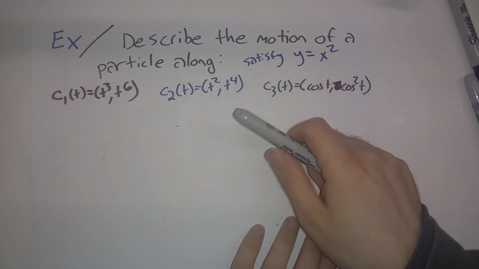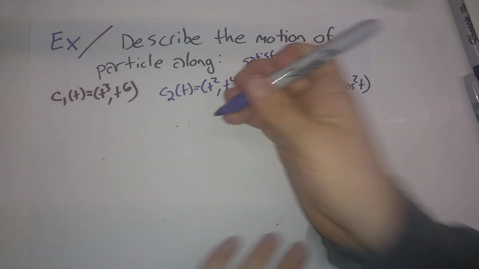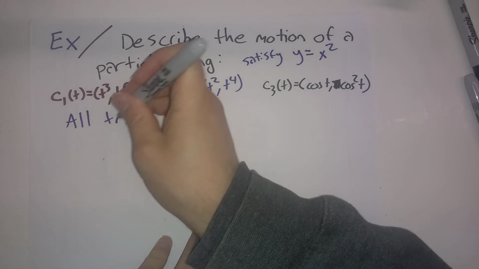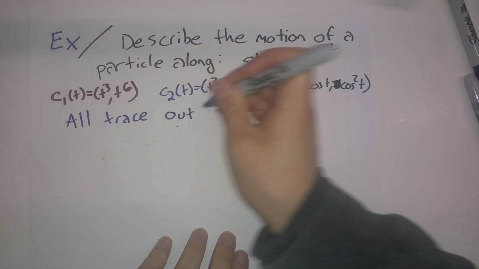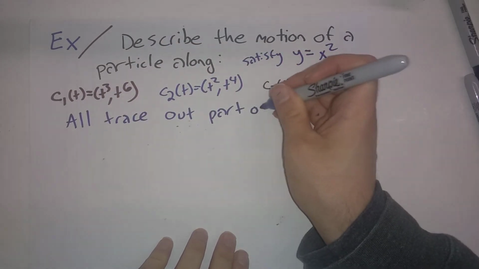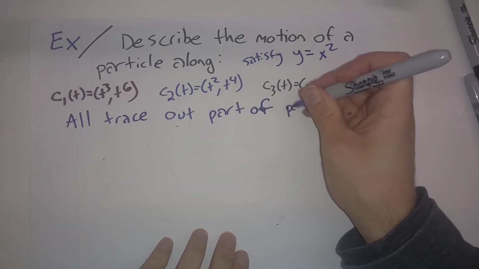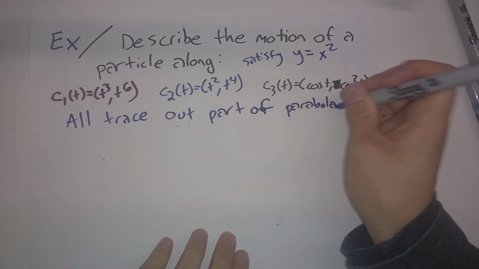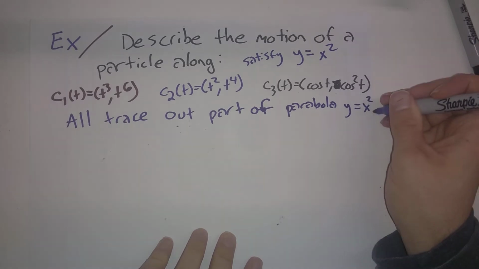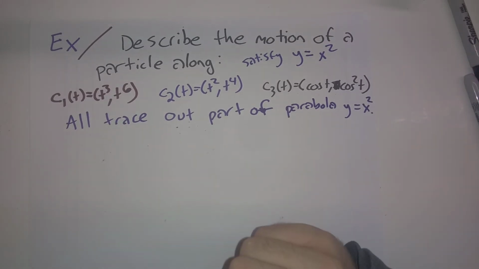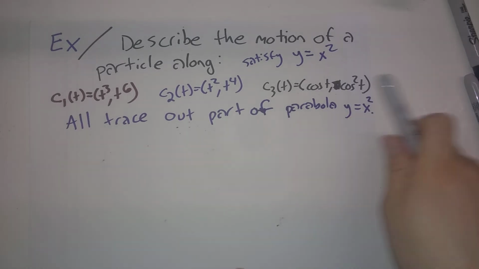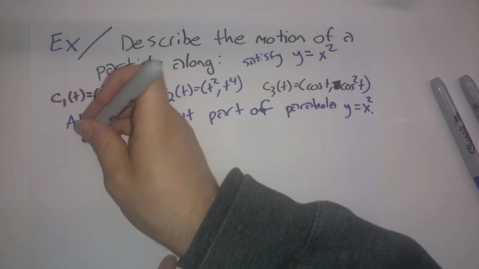So all of these are going to trace out part of the parabola y is equal to x squared, but we're going to see that all of them do it in a little bit different way.